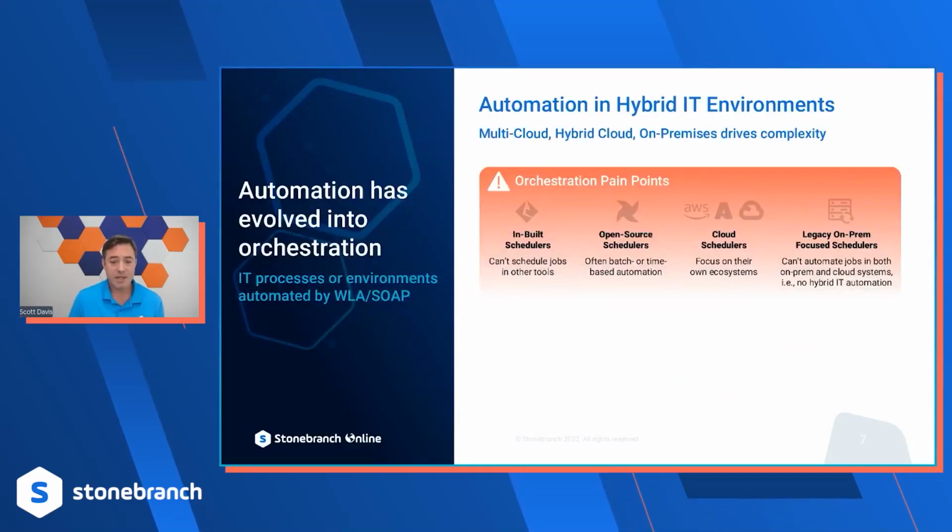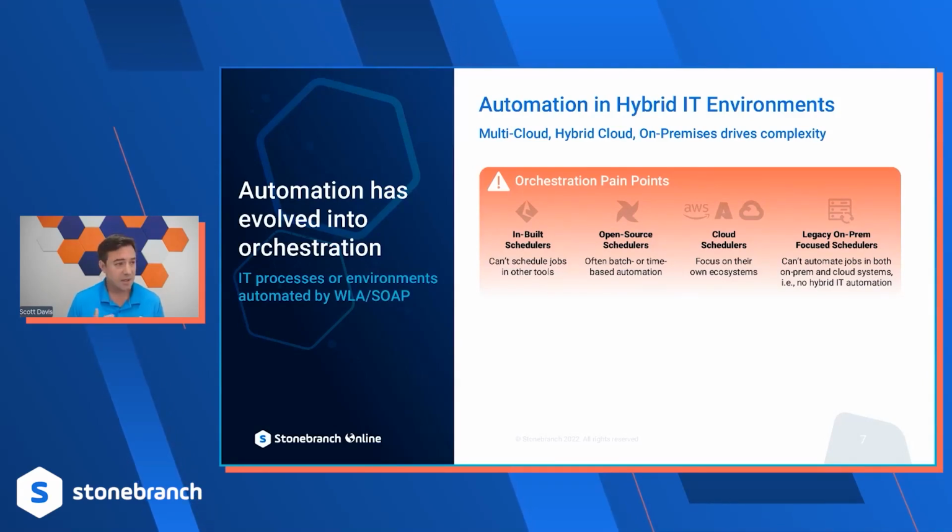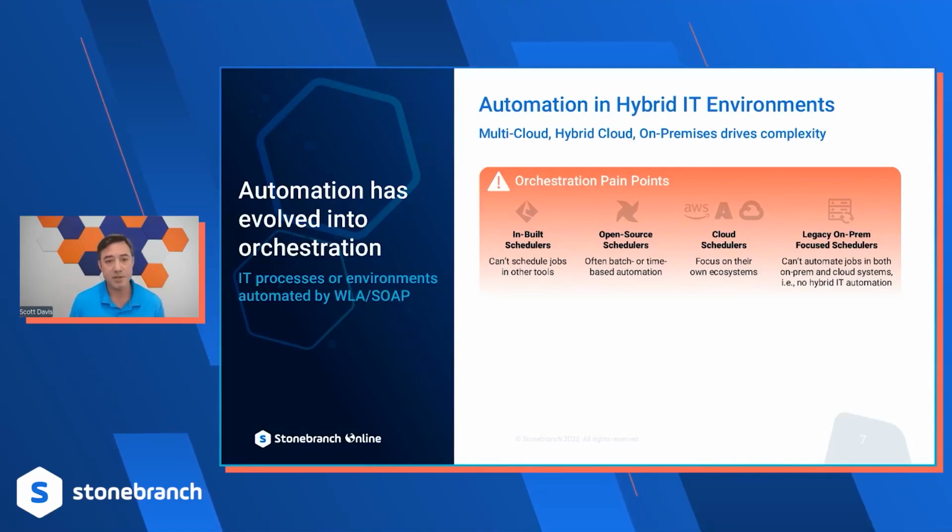So first, if you've joined us for any of our prior sessions, you'll notice that this is a pretty consistent slide we show. And what it really says is, hey, there's automation now that's happening across your hybrid cloud, your multi-cloud, and your on-prem services. And a typical business that doesn't have a solution like the Universal Automation Center has a very fragmented and siloed automation approach. They'll do some automation using inbuilt job schedulers, think cron, think Windows tasks, those sorts of things, but you can't really schedule anything outside of just the application those are in. Then some businesses are using open source schedulers.